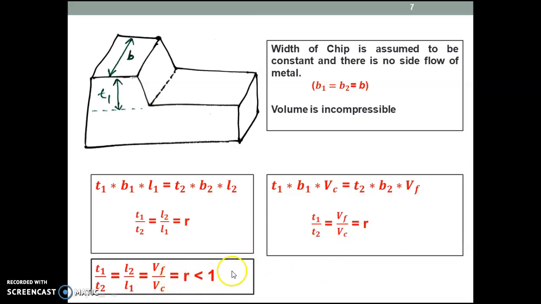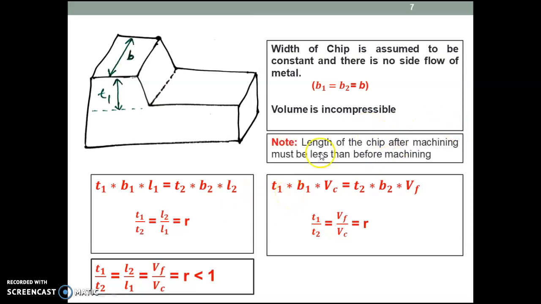Why is it less than 1? Because, as we have already discussed, the chip thickness is always more than the uncut chip thickness. And as the compressive force is exerted by the tool along the length direction, the length of the chip after machining must be less than before machining.